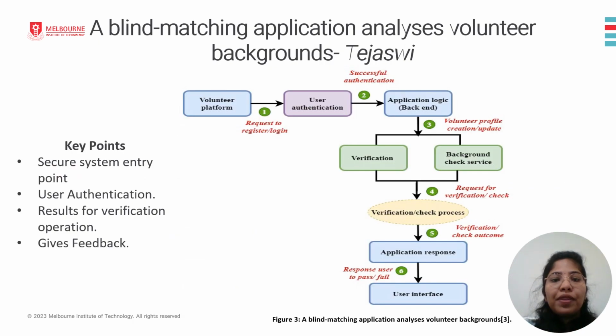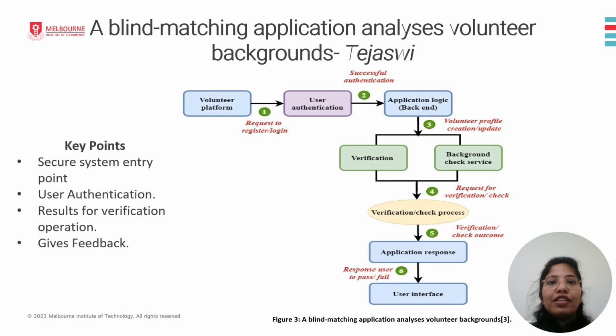Hi everyone, this is my design approach regarding a blind matching application, analysing volunteers' backgrounds. This block diagram depicts the volunteer platform, which facilitates easy registration or login for volunteers to ensure a secure system entry point. After the volunteer has begun the registration or login procedure, user authentication is used to verify their identity.